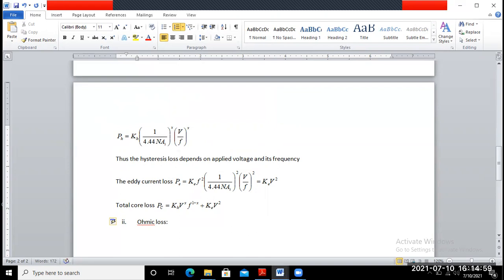That means ohmic loss is I square R, where R is the resistance of the primary and secondary winding. You may calculate it from this relation.